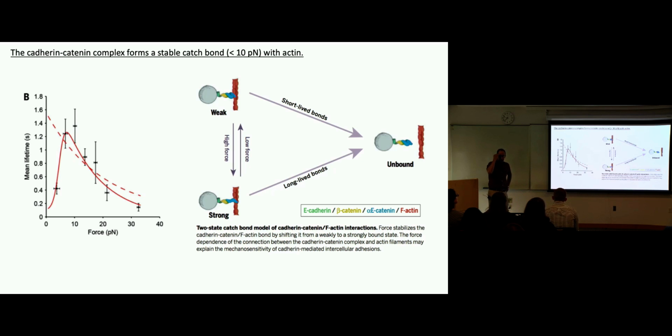Okay? So just the inherent physical properties of these individual molecules give the complex mechanosensing behavior. The cadherin complex gets stronger under load. You can reinforce these interactions by putting mechanical load on the complex. Okay?